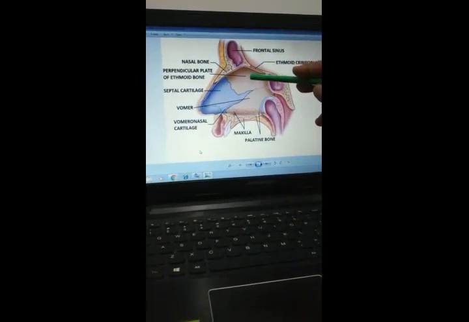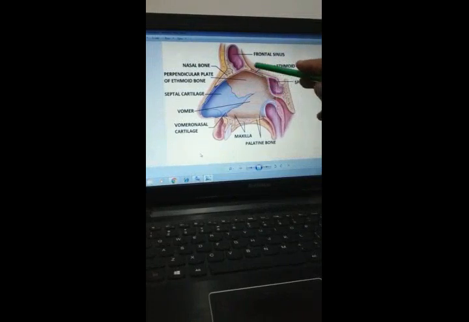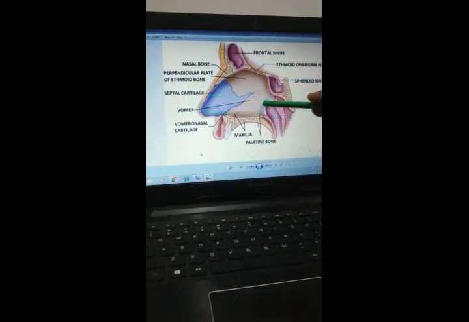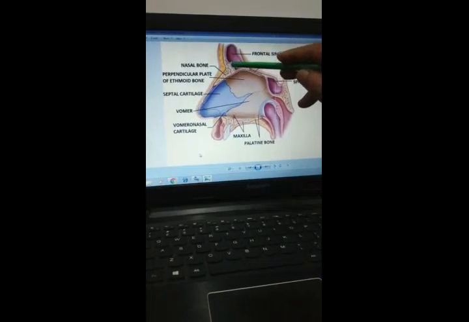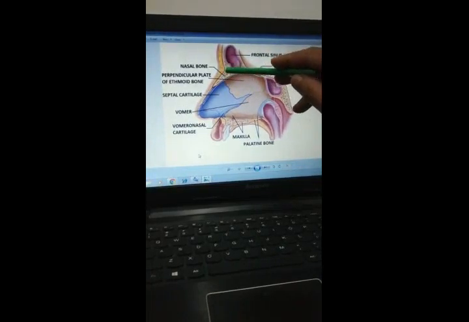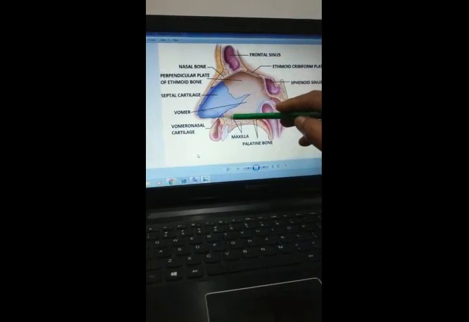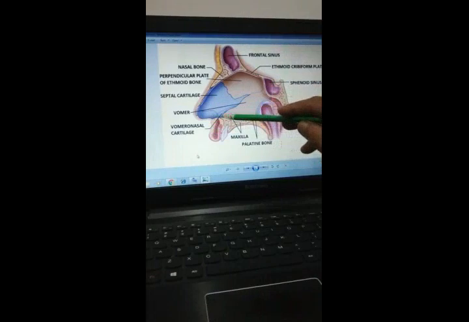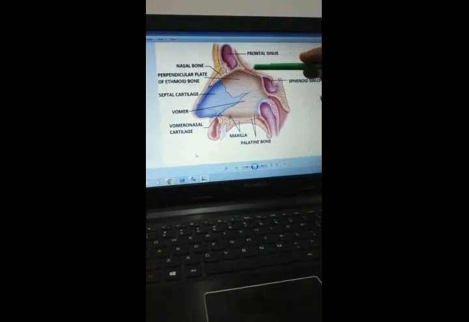This is the perpendicular plate of the ethmoid, and this is the vomer. So how this is placed, just you see here. Then a small portion of this is the nasal bone. So frontal portions, spines is here. This is the maxilla, so crest of the maxilla and palatine is here. They are also forming part of the septum.